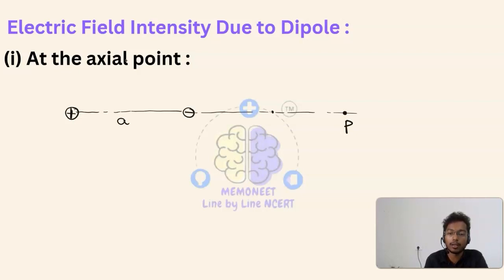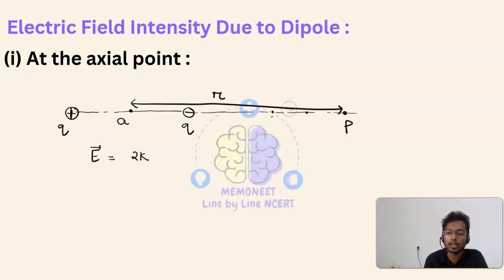Let's say here O is also an axial point, R is also an axial point. So we have to find out the electric field at P. Okay, so the formula here is electric field is equal to, let's say the charges are q and q, 2k, and the distance from the center of the dipole to the point P is r.